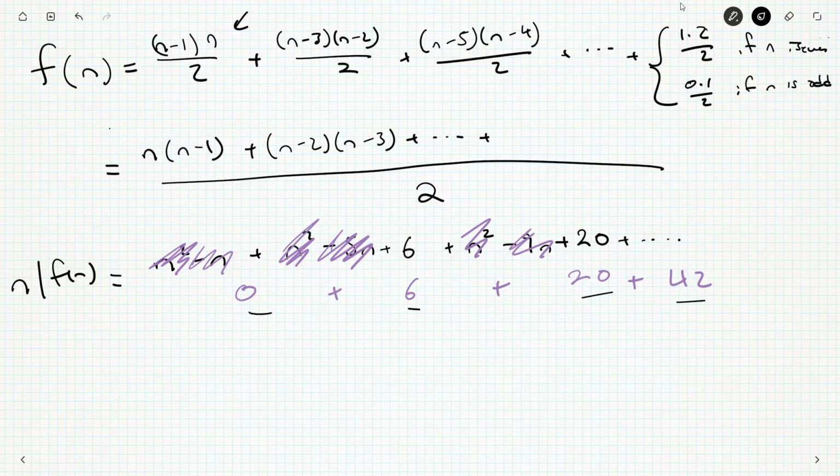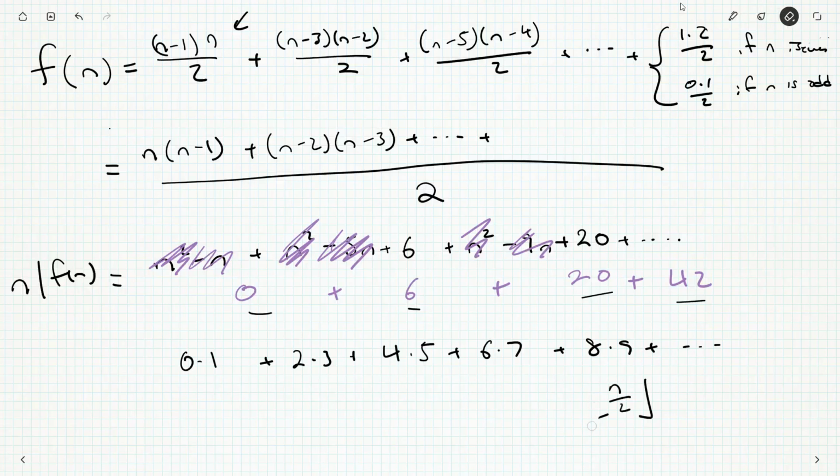So, well, this is 0 times 1 plus 2 times 3 plus 4 times 5 plus 6 times 7 plus 8 times 9. But how far do I go? Well, I'll need n over 2 of them. Do I use floor function or do I use ceiling function? It's roughly n over 2 of them.